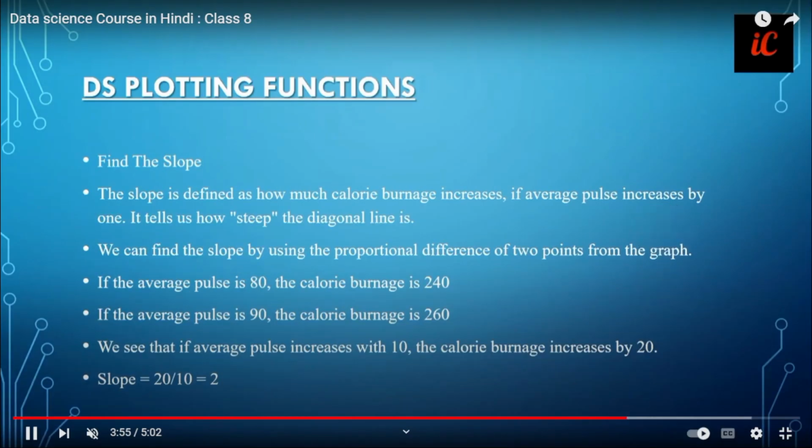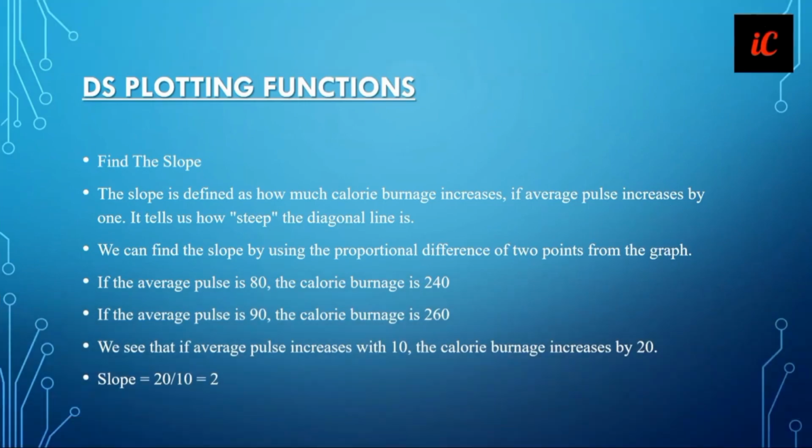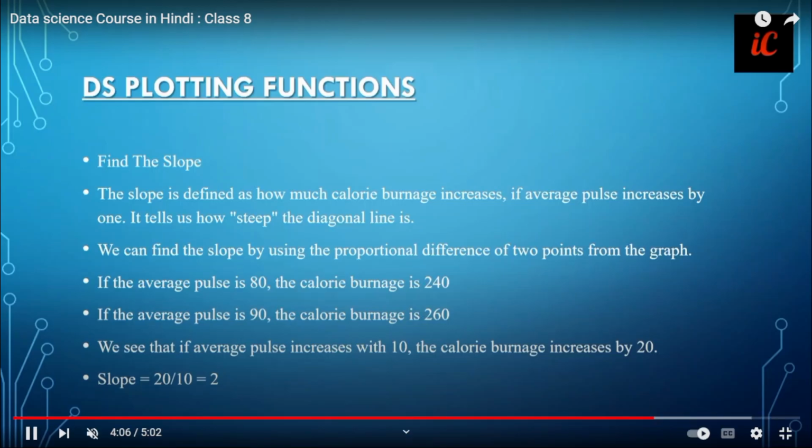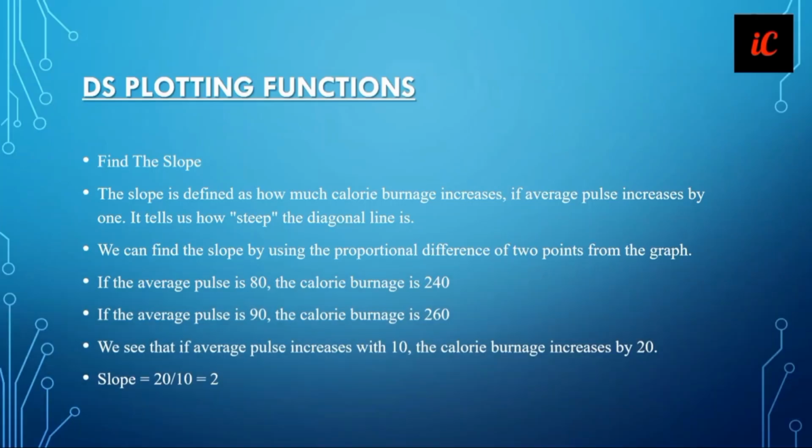This is how you can find the slope. As you understood, the slope is found by 20 by 10, because it is burnage by the pulse you have taken. You just write the burnage by the pulse, so 20 by 10 automatically gives you 2. The slope will be 2. That is the average slope we need to take.